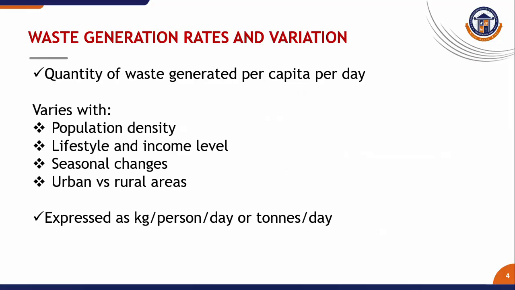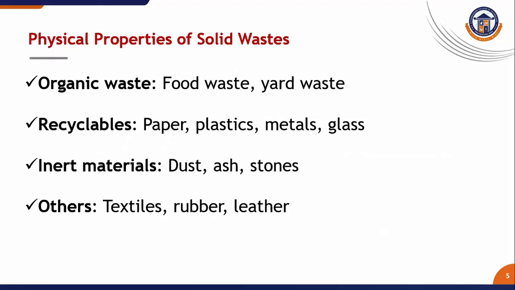Waste generation rates and variation: quantity of waste generated per capita per day. It varies with population density, lifestyle and income level, seasonal changes, urban versus rural areas, and it should be expressed as kg per person per day or tons per day.